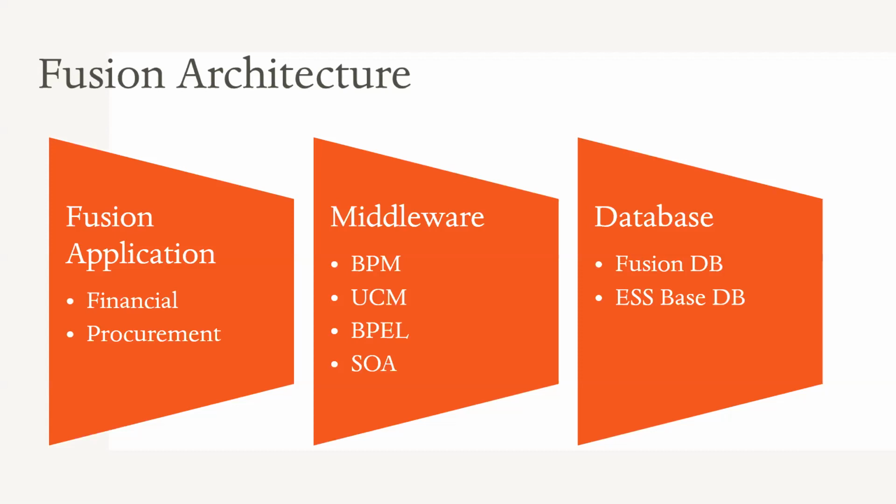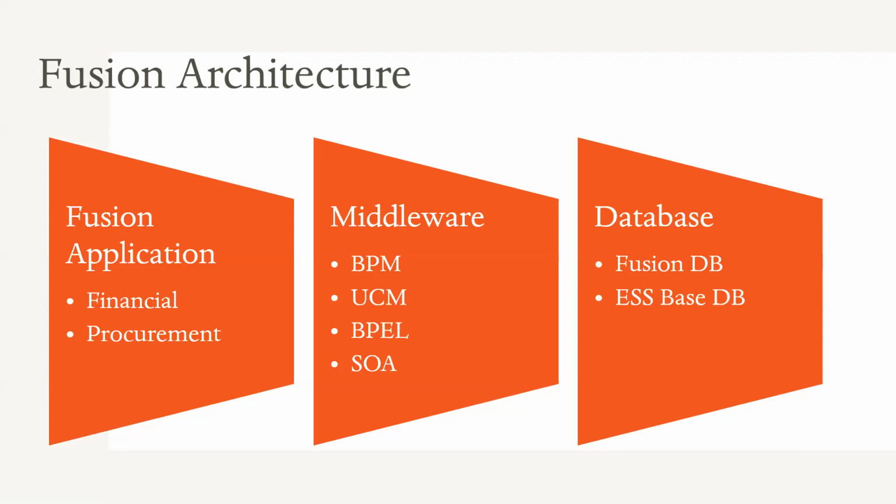This is kind of a term change. We don't have much difference. The only part is, if you say module in R12, this is accounts payable, general ledger. But here, one offering given by Oracle is financials, so this financial covers the entire part. Similarly, we have procurement. Procurement is nothing but purchasing in R12.